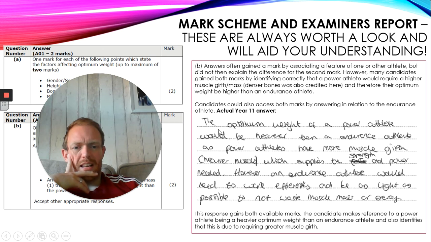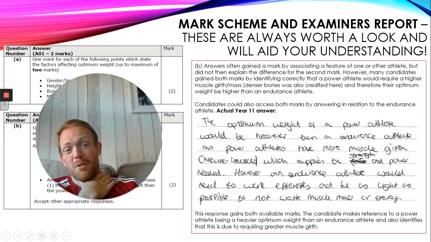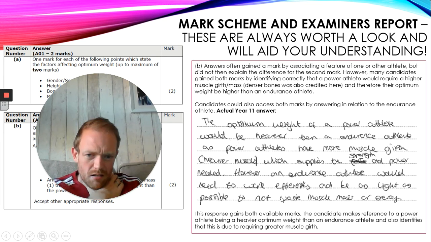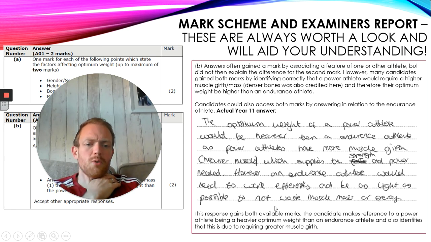There we go. He or she has written the optimum weight of a power athlete would be heavier than an endurance athlete. So basically, they've probably got a mark for that as well, because power athletes have more girth, heavier muscles, which supplies the strength and power needed. However, an endurance athlete would need to, I can't read that, and be as light as possible to not waste muscle mass or energy.